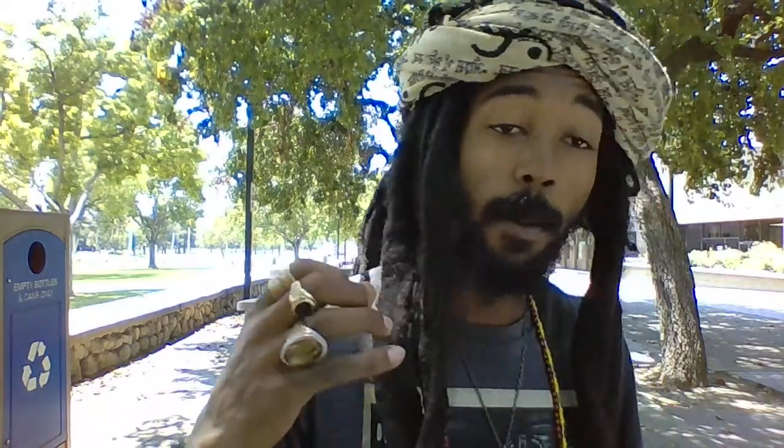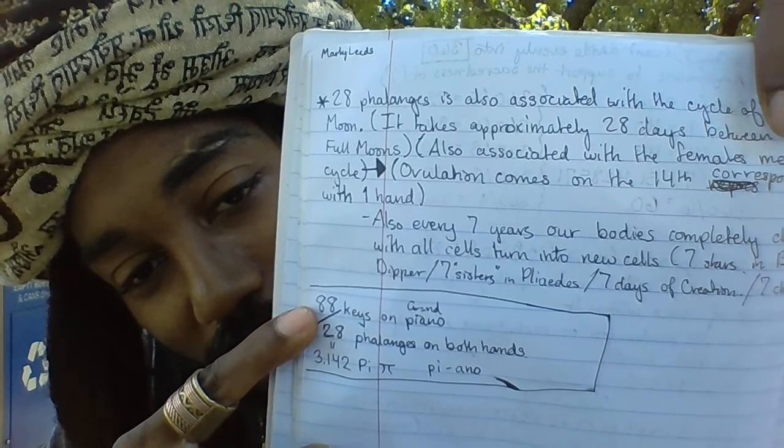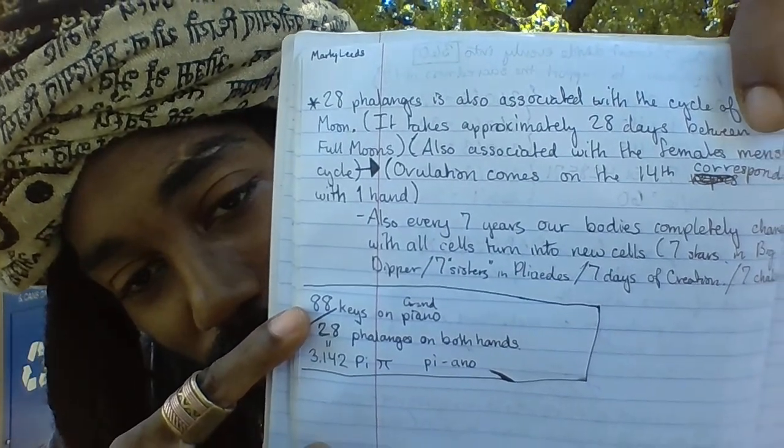But you know, you got 88 keys on the grand piano. As a matter of fact, think about the piano, the Fibonacci spiral, and dealing with vibrations and everything comes from the phi ratio and dealing with pi. Because dealing with the piano, you got 88 keys on the piano.